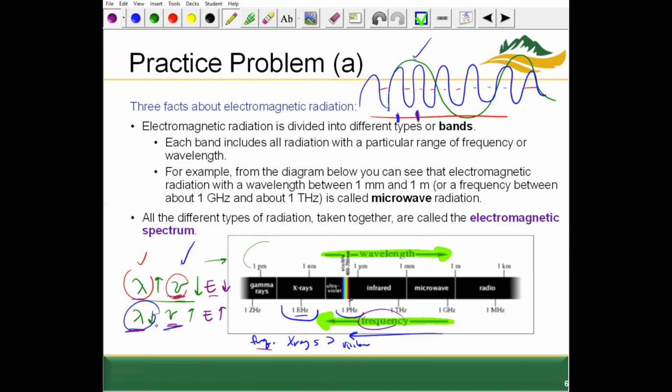Shorter wavelength, higher frequency, higher energy. This blue one with a shorter wavelength but a higher frequency has a lot more energy associated with it compared to the green, longer wavelength. So we should feel comfortable connecting wavelength, frequency, and energy for all different points on the electromagnetic spectrum.